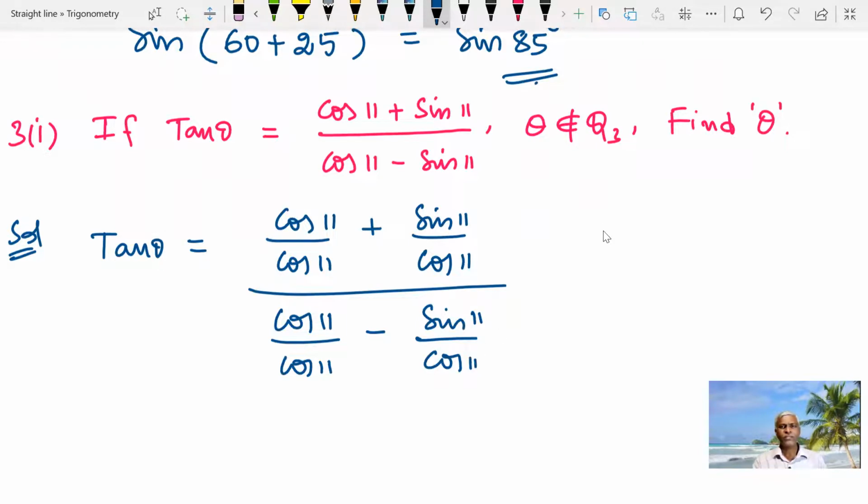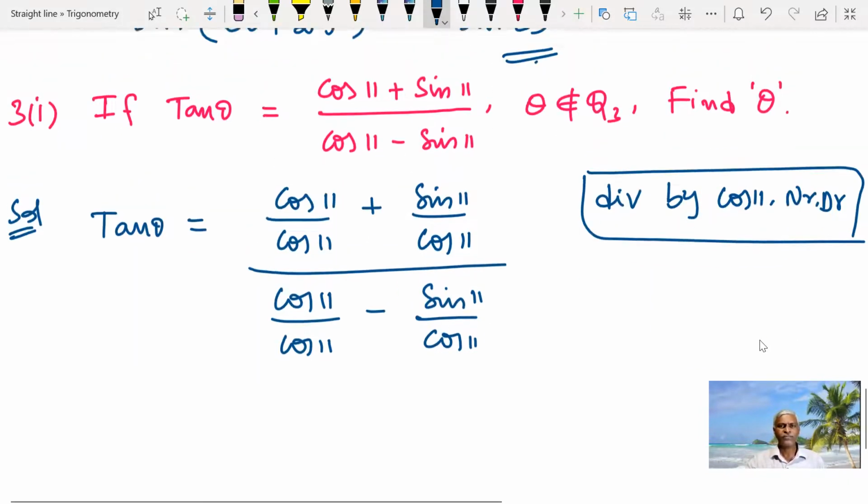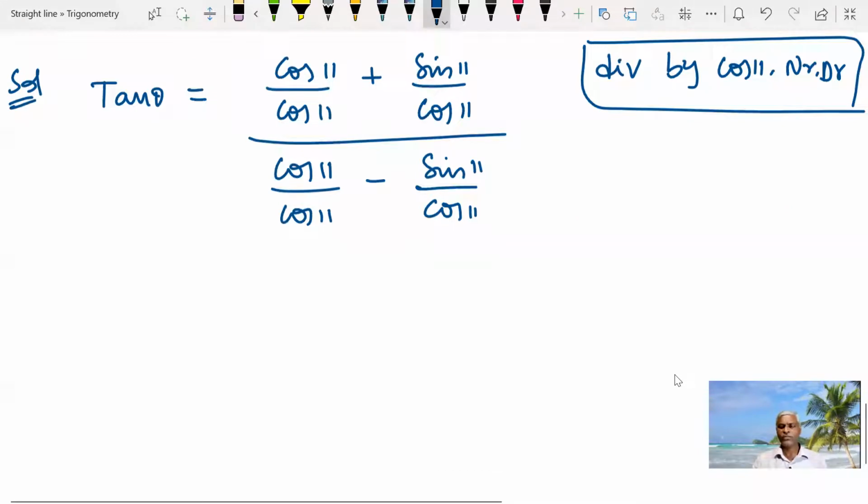Dividing numerator and denominator with cos 11, so that the value will not change. Now this becomes 1.